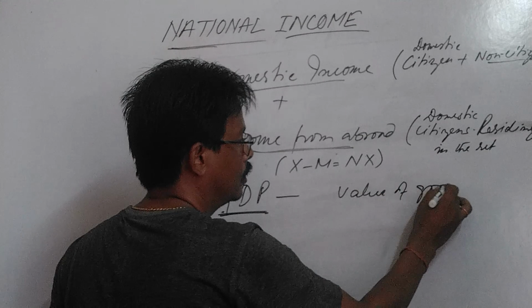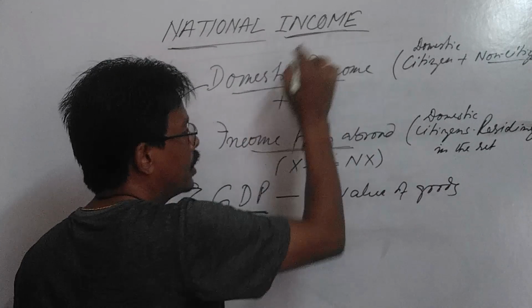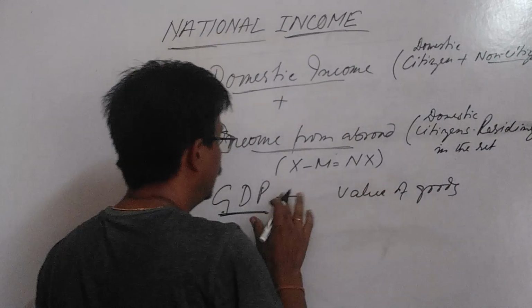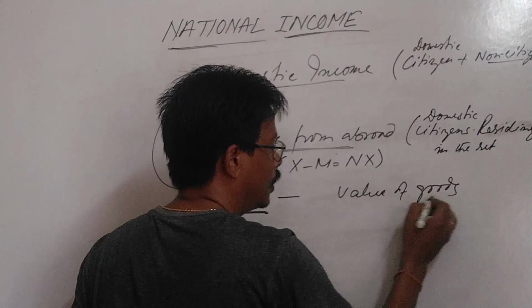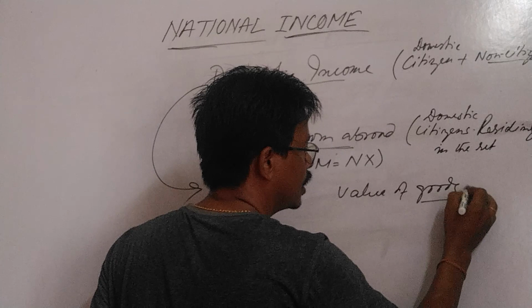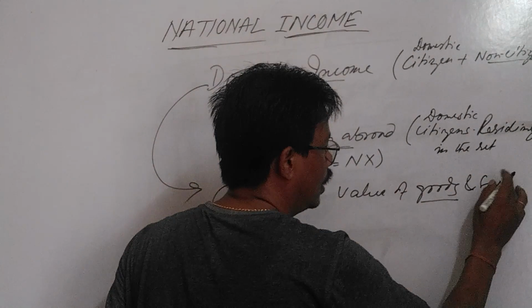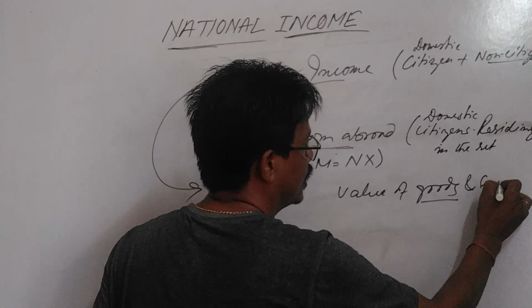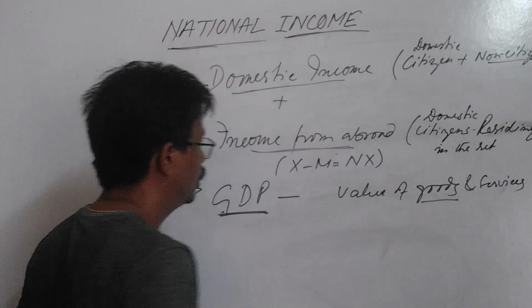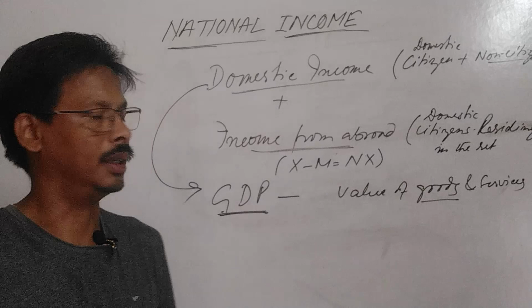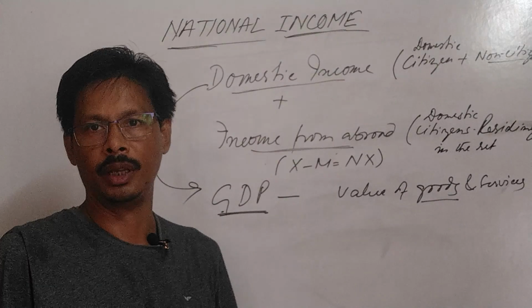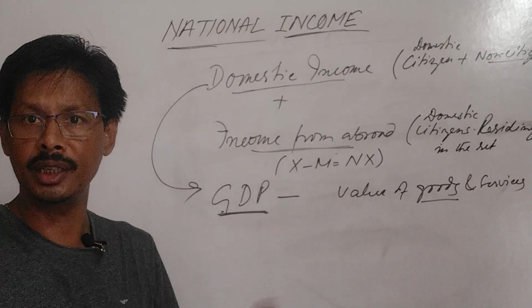Value of goods, and because income is a monetary term, we have to calculate the national income in monetary terms. In that context, whatever be the goods and services produced, we have to calculate the value of goods and services to get national income, or to attain the income in nominal money terms.